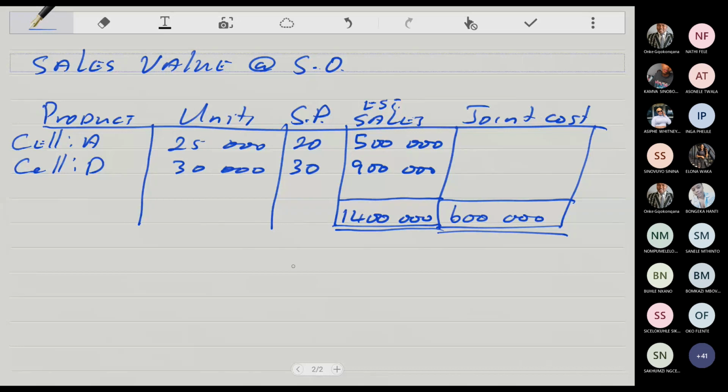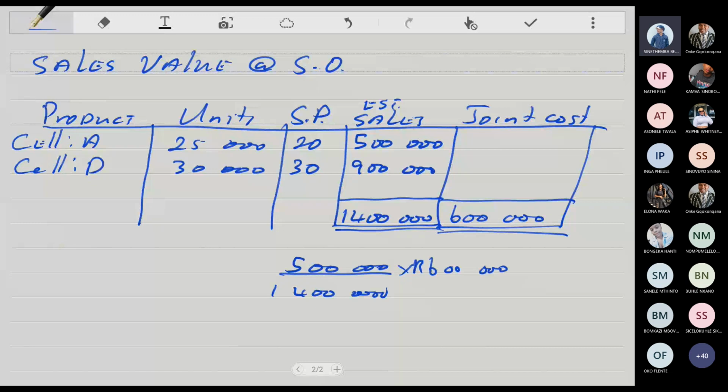So to do the allocation for cell A, it is going to be 500,000 divided by 1,400,000 times 600,000. 500,000 divided by 1,400,000 times 600,000 gives us 214,286.